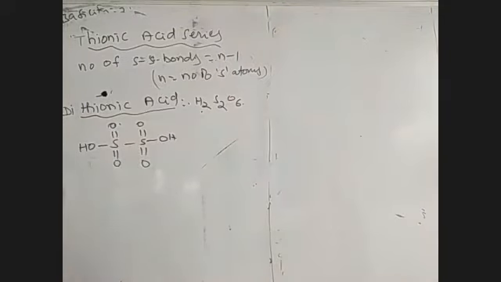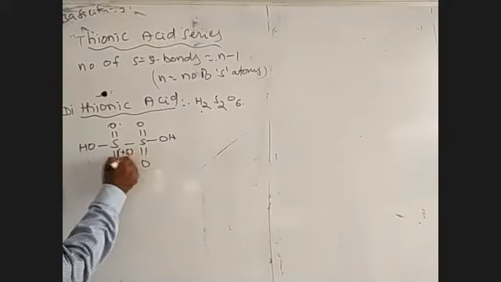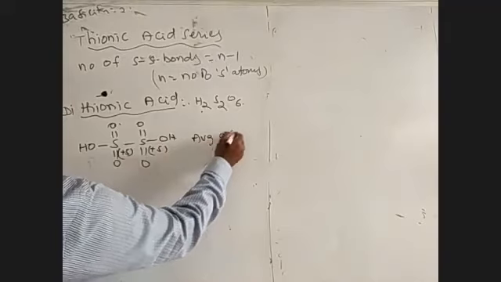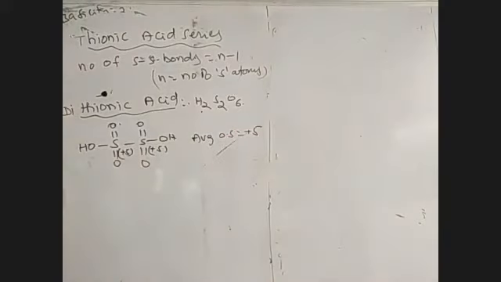In dithionic acid, the oxidation state of sulfur is +5. Therefore, the average oxidation state is also taken as +5. The two sulfur atoms have +5 oxidation states. This is because the bond pair is present between the same atoms, so the bond pair does not migrate to either sulfur atom.